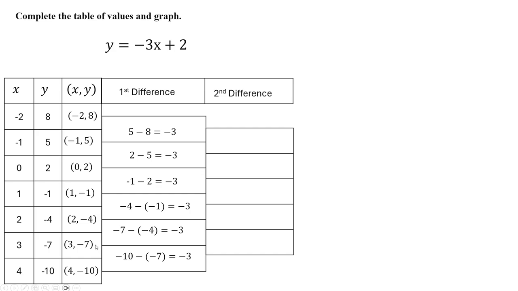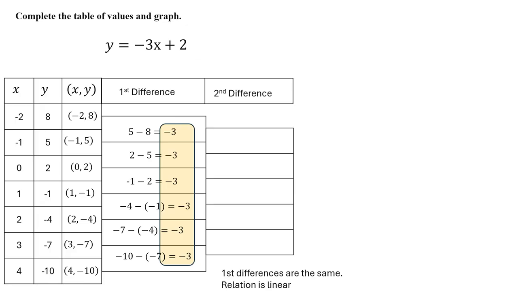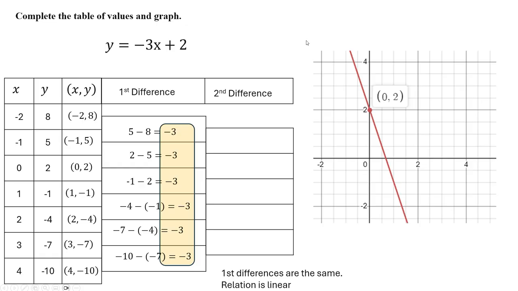So when the first difference is the same, we have a linear equation, or a straight line, which makes sense because there is no x squared anywhere in this equation. All the first differences are the same, and therefore we're left with a linear equation, which is a straight line.